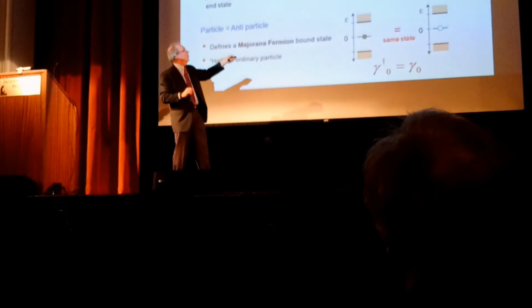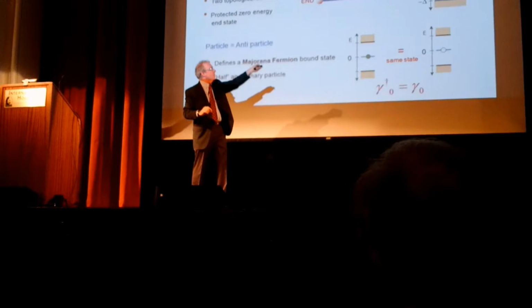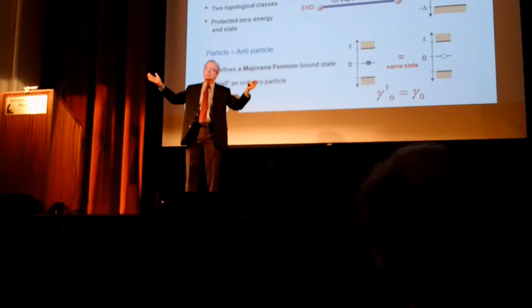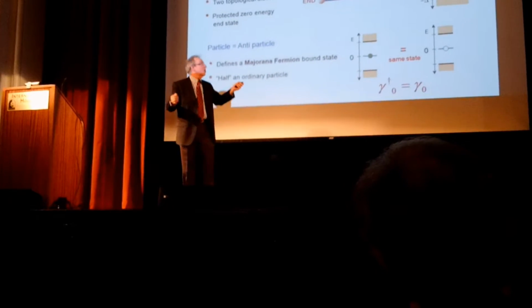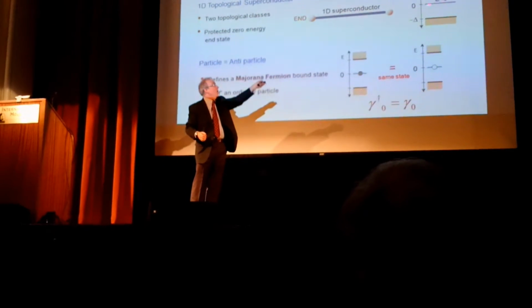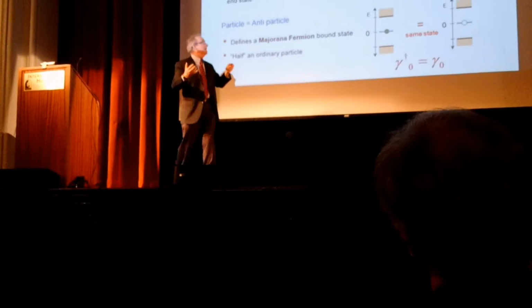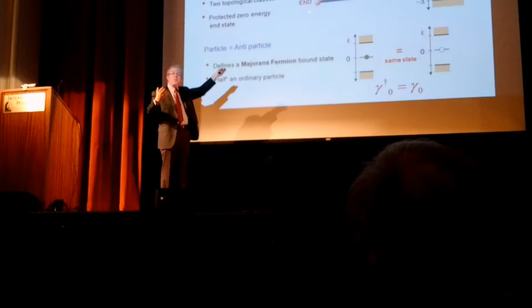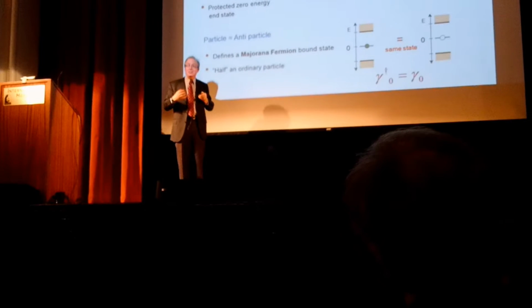You could ask, how could I get rid of it? Could I move it away? If I tried to move it away, then its partner would have to appear out of nowhere. That's against the rules. So this zero mode of the electrons is topologically protected. And so it's this zero mode which occurs at the edge of a one-dimensional topological superconductor.